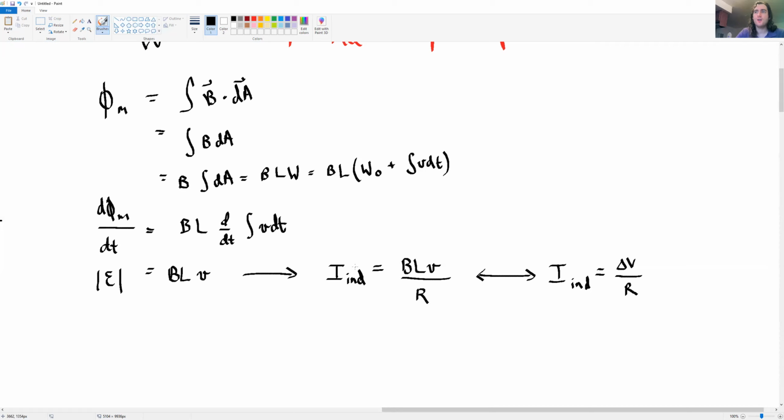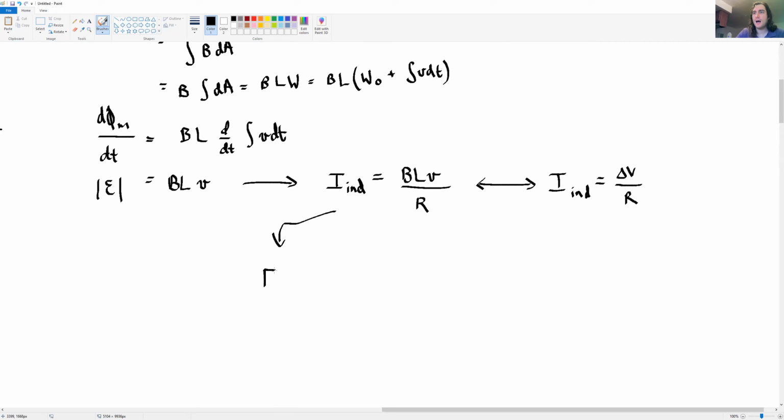As the induced current gets bigger and bigger, we have an opposing force, which is going to be I induced times L times B. Our applied force due to our applied voltage is just this I times LB.